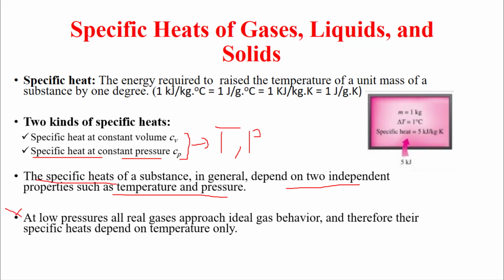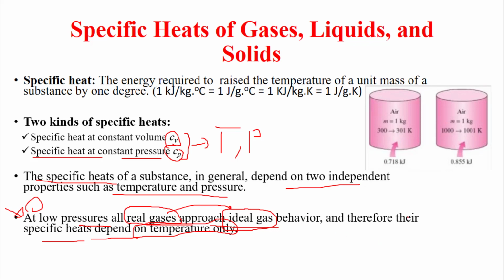But here we have a special case, the first special case. At low pressures, all real gases approach ideal gas behavior, and therefore their specific heats depend on temperature only. So this is a special condition for a real gas. It will act as an ideal gas. When we have very low pressure, then CV and CP depend mainly on the temperature.